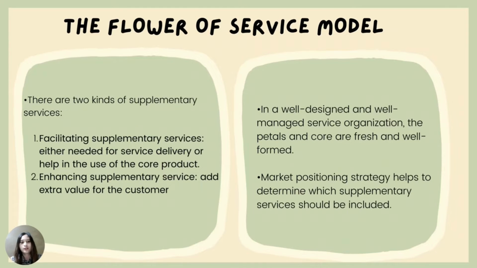There are two kinds of supplementary service. Firstly, facilitating supplementary services, either needed for service delivery or to help in the use of the core product. Secondly, enhancing supplementary services, which add extra value for the customer.